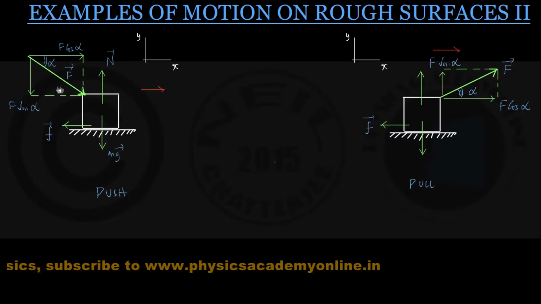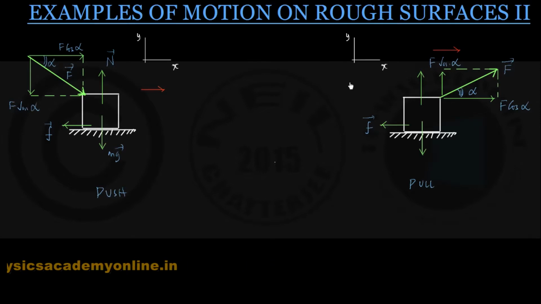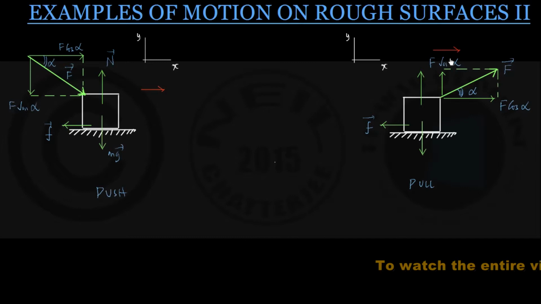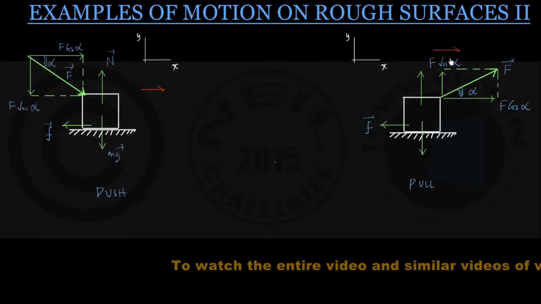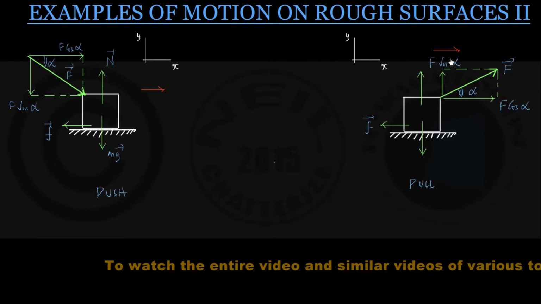But here, during pushing, while the propulsive component of the force is F cos alpha, just like in case of pull, F cos alpha in both cases, in case of pushing we found the vertical component, F sin alpha, is acting downwards, while in case of pull, the corresponding component, F sin alpha, is acting upward. And here lies the distinction and the answer to the question whether push or pull is easier for the same block under similar circumstances. We shall explore the problem in more detail now in steps.